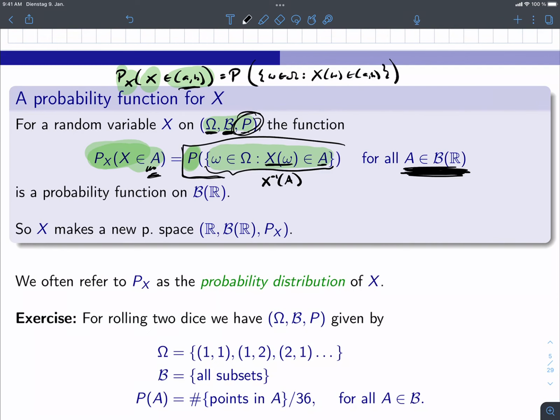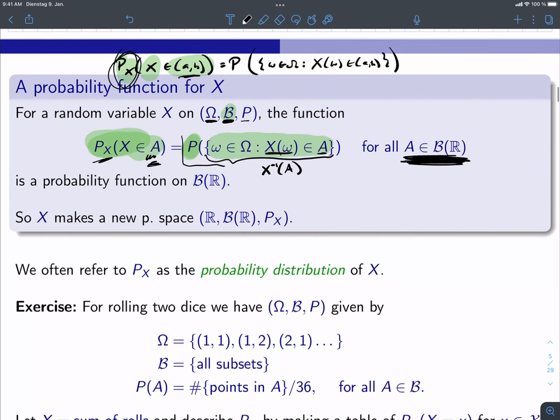Okay, so this P is our original probability function defined on this collection of subsets of the sample space, and this P_X is this new one that we're defining. After a while we won't write this subset x anymore. We'll just understand what we mean when we write probability x in A.